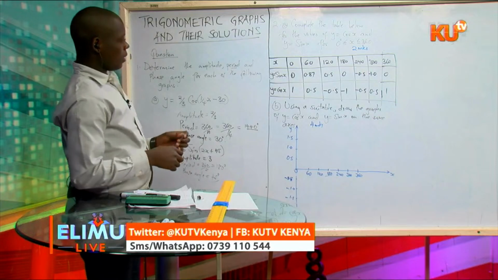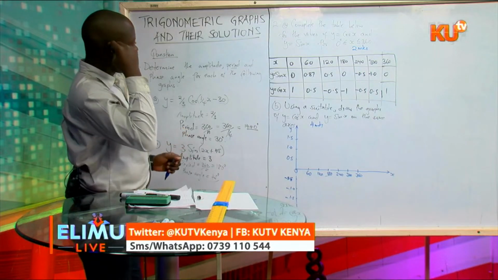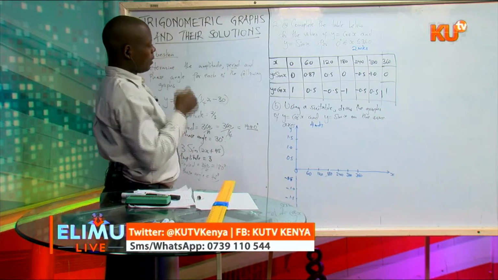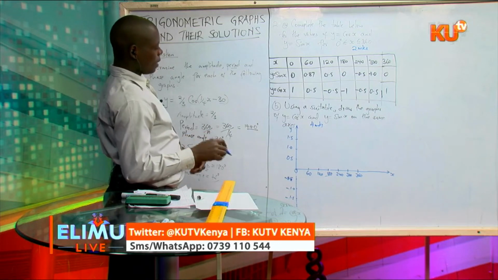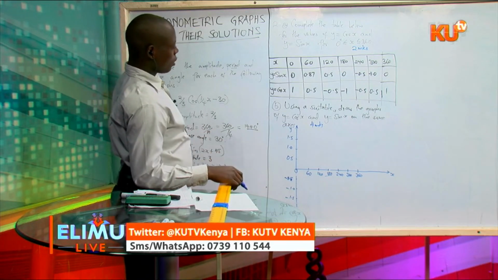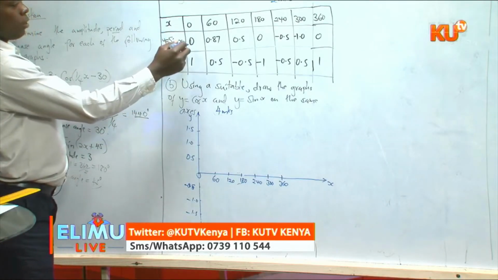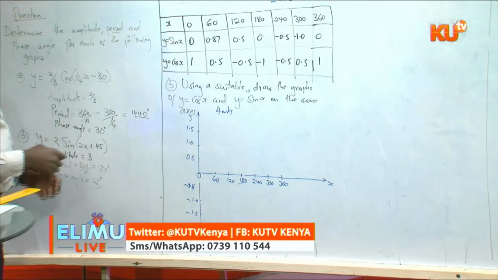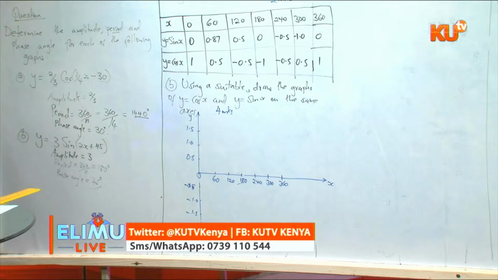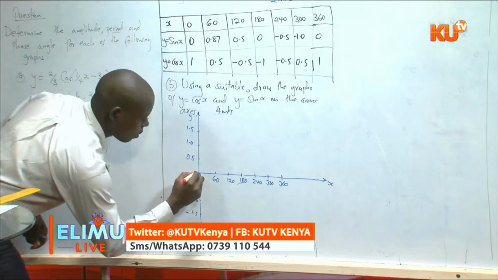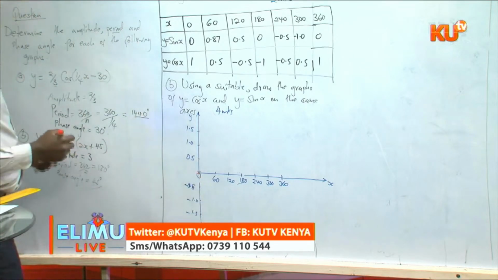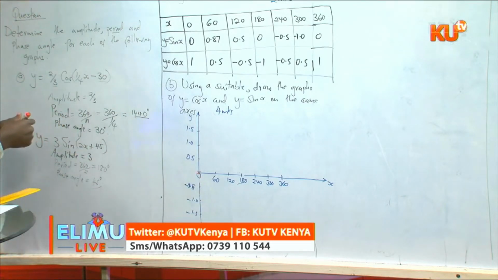For the values, we draw the first graph. Y is equals to sine x. When x is 0, y is 0. So we mark that point, 0, 0. Then 60, 0.87.